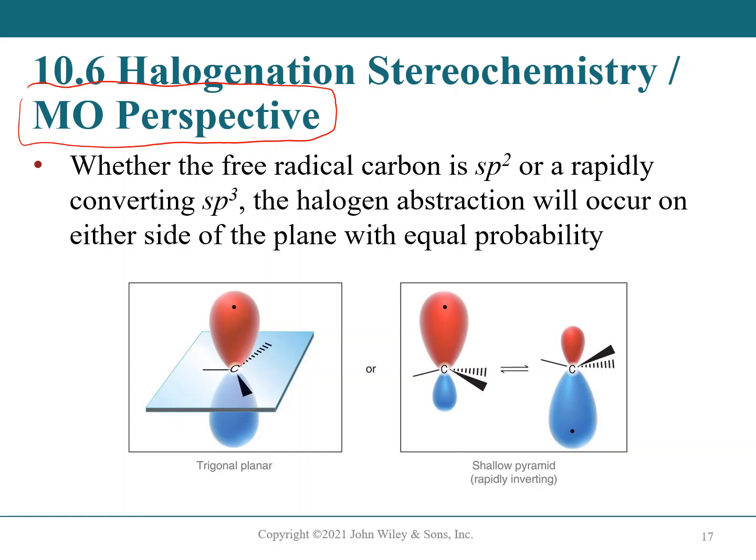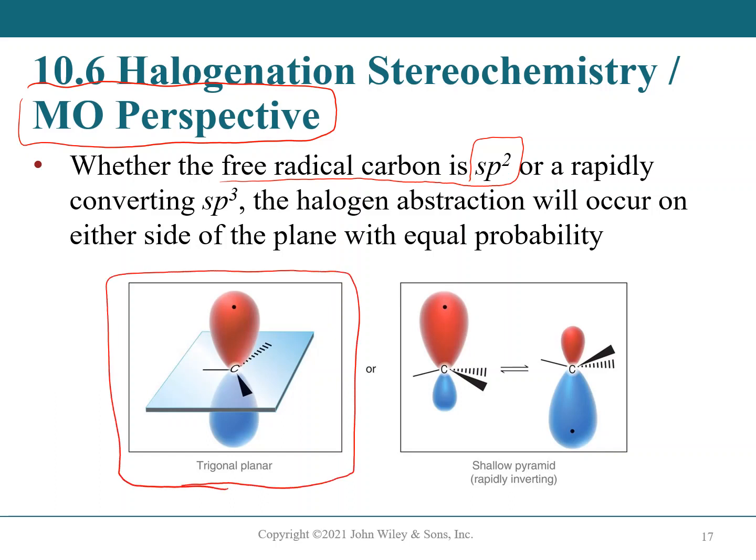We discussed it once earlier in the chapter, but this free radical that's formed can be either sp2 hybridized, as drawn here on the left-hand side, where we have a trigonal planar carbon with the radical found in a p orbital both above and below this trigonal planar carbon, or we can picture it as a rapidly interconverting sp3 hybridized carbon.